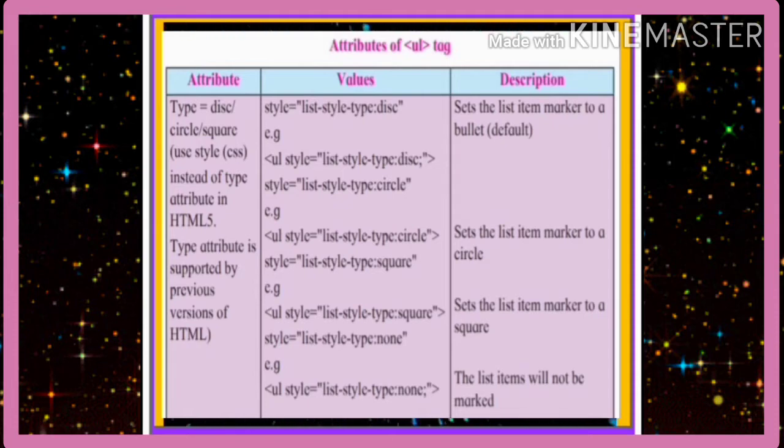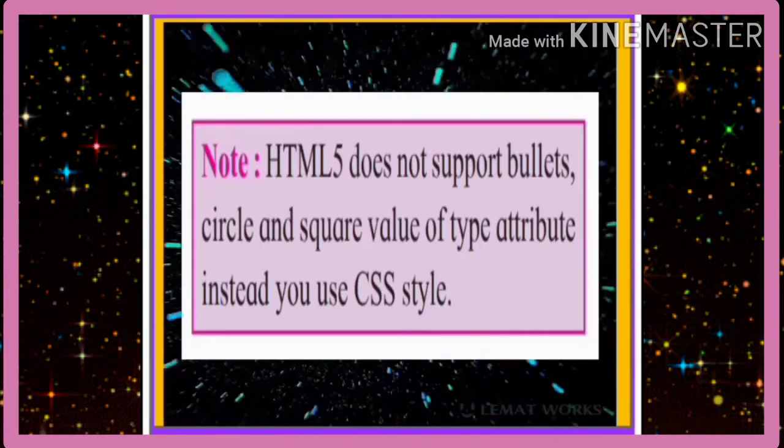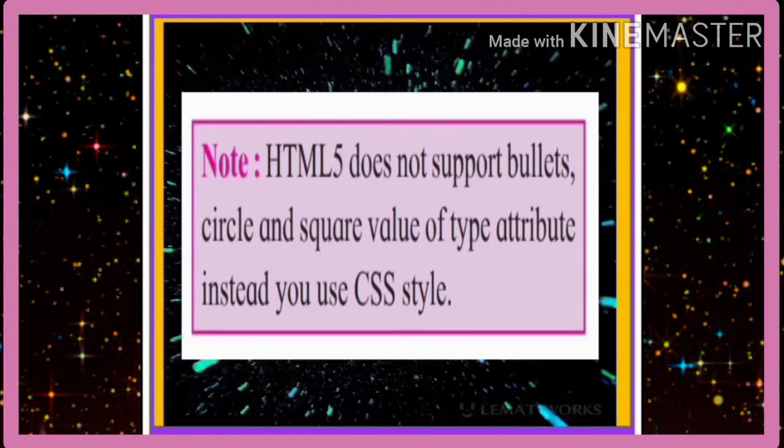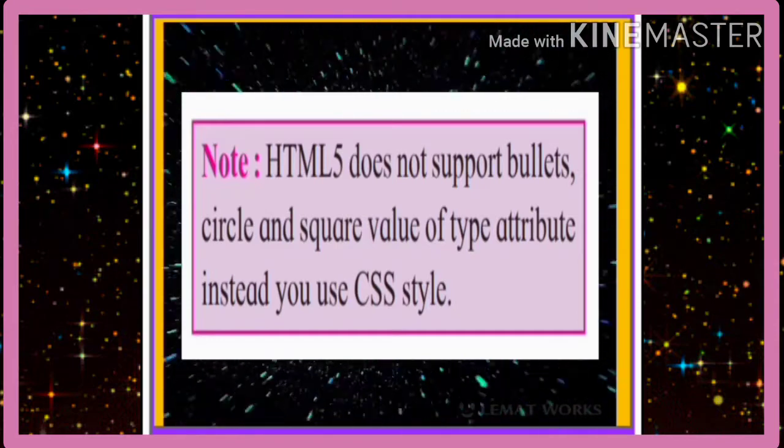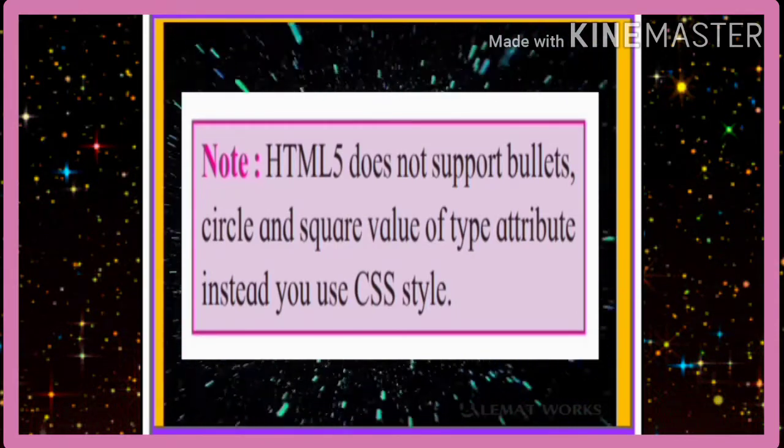These values are not supported by HTML5, so instead of type equal to disk, circle and square, you can use cascading style sheets to display bullets, circles and squares. Means HTML5 does not support bullets, circle and square values of the type attribute.